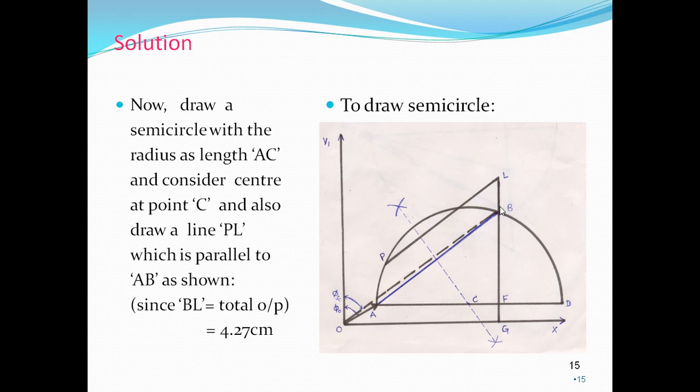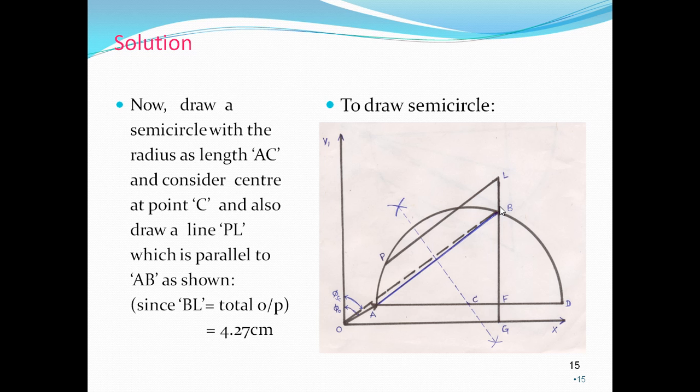The vector AB represents the rotor current as referred to stator. The two points A and B lie on the circle. So to find the center of the circle, draw a perpendicular bisector of the line AB.